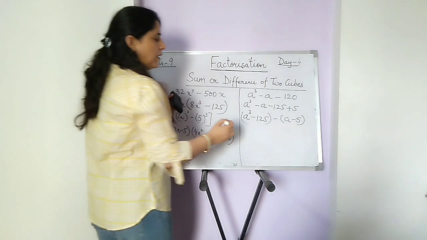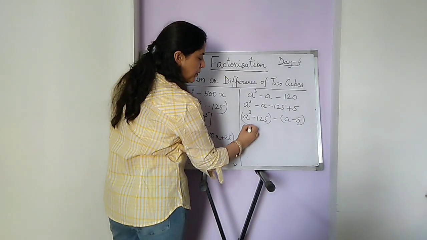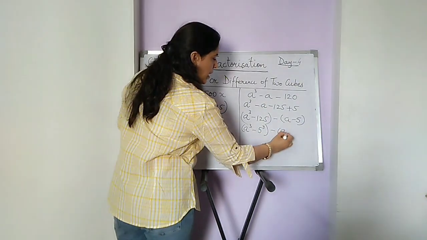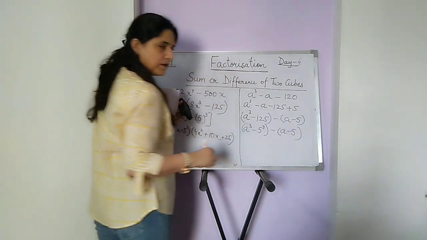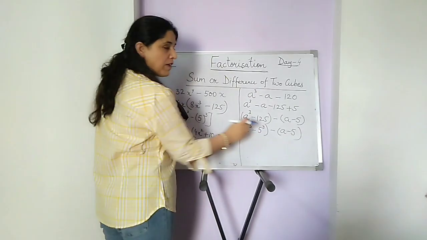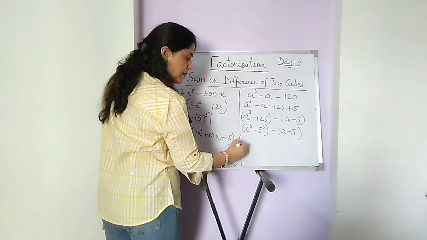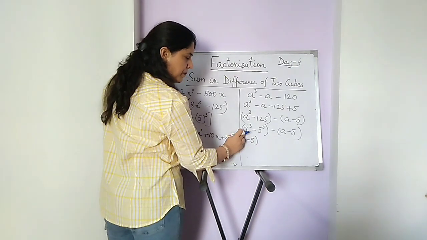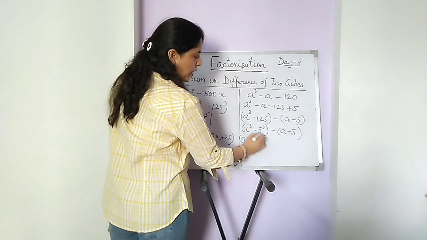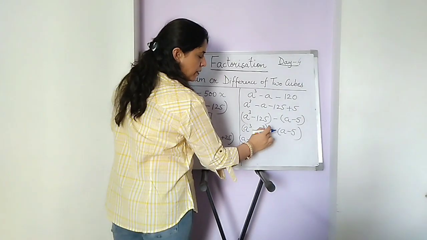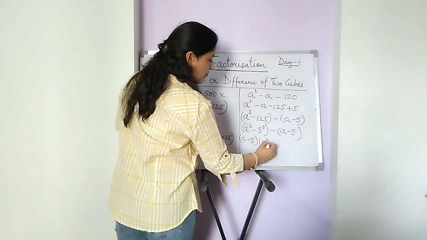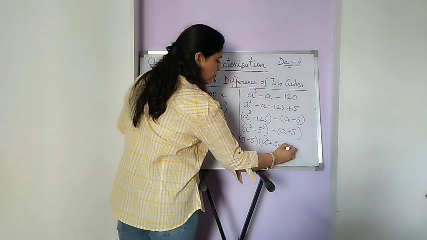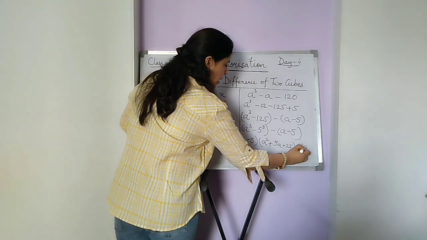Clear? Now this is a cube minus 5 cube, minus a minus 5. Again, this is the factorized form of a cube minus b cube, a minus b, a square plus ab, that is 5a, plus b square, plus 25, minus a minus 5.